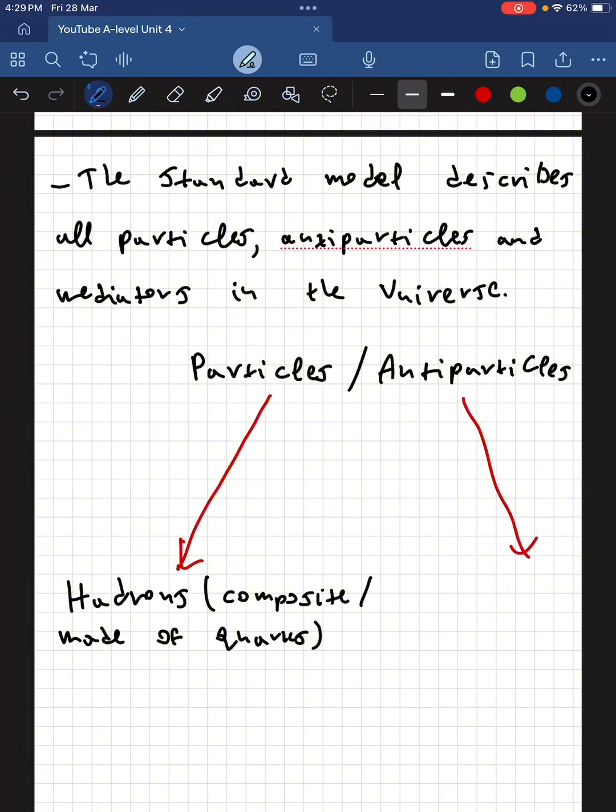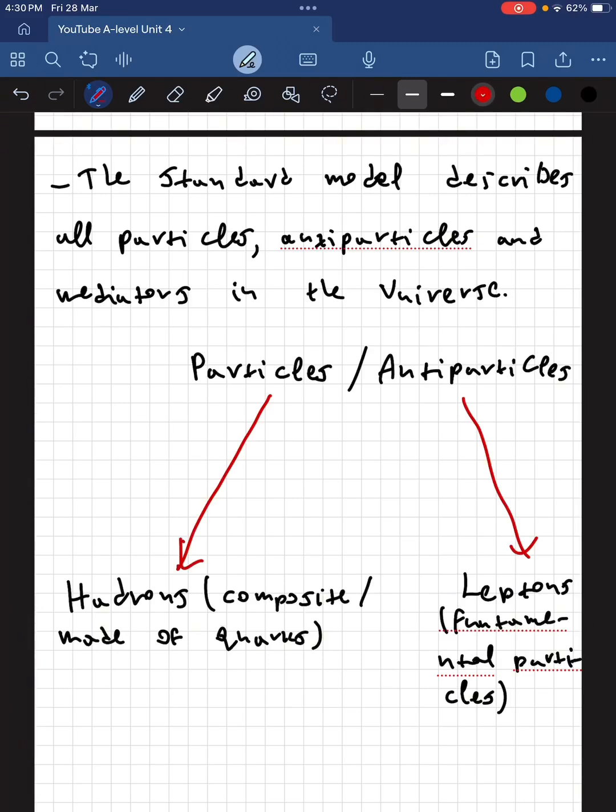Okay, and then leptons, which are fundamental particles, meaning that they don't have a structure. Now, leptos in Greek means light, and leptons are supposed to be light particles.